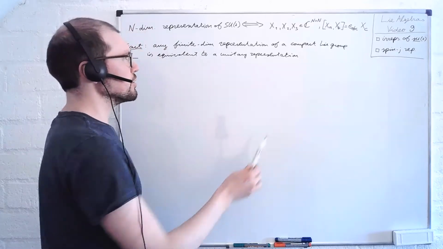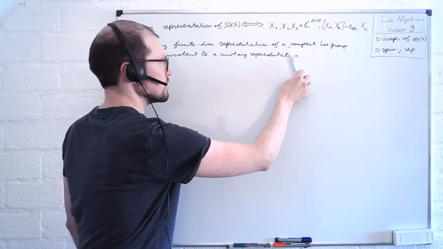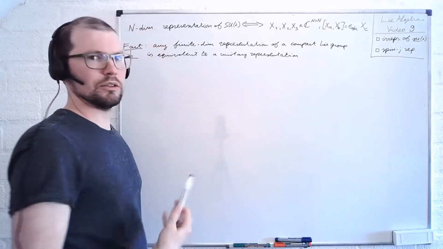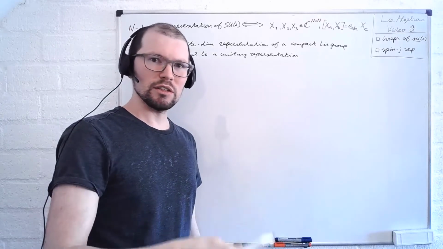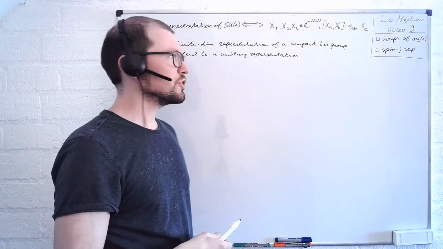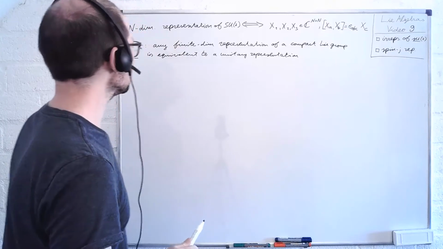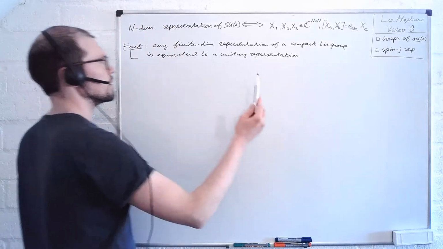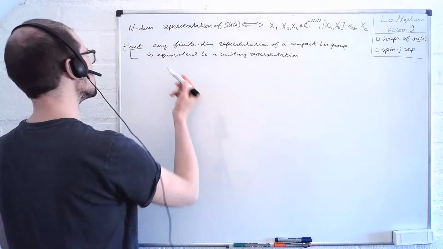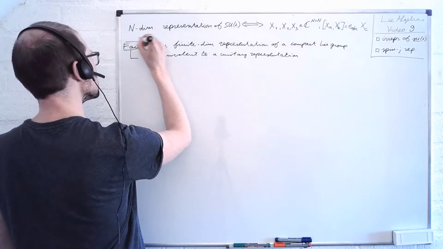Now, whenever you have an infinite group, but a compact Lie group, one can still do this averaging, but instead of summing over all group elements, we're doing an integral over all group elements. Okay, so we're not going to show this, but we can certainly take this as a fact.